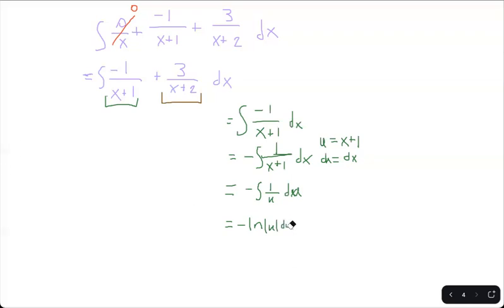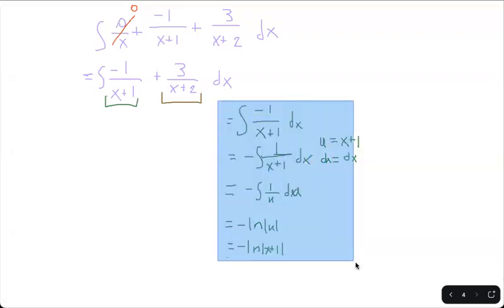Sorry, du. Equals negative, and now we've got to plug back in for u: ln x plus 1. All right, that's for the first part.